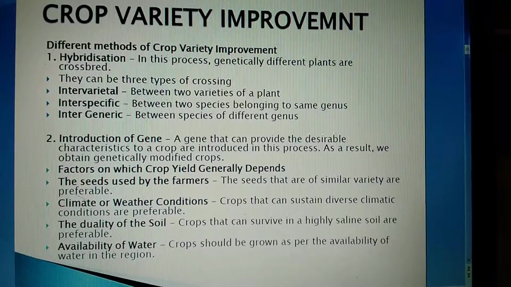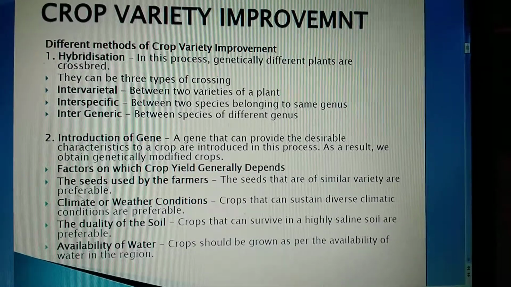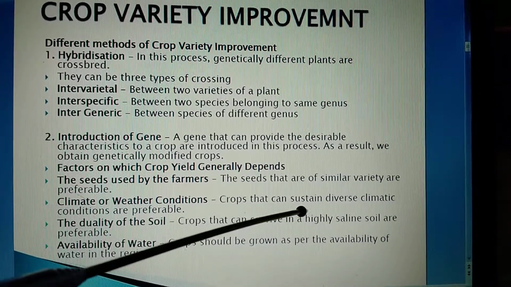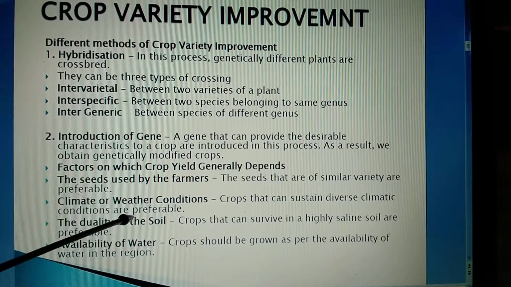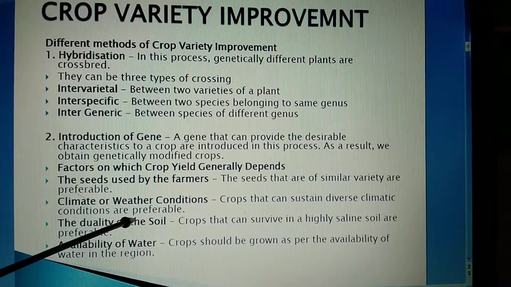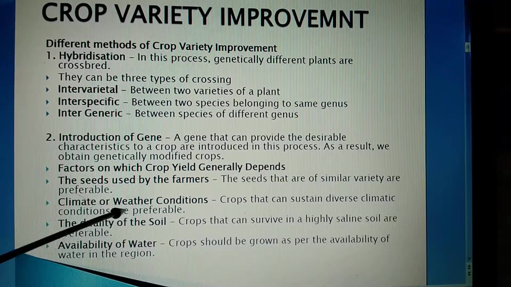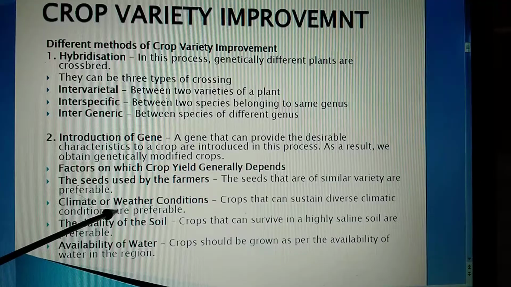If a crop is being improved, it should be able to sustain diverse climatic conditions. If there are no preferable conditions for the crop, then the crop will not be able to survive in that climate. So sowing those seeds in proper climatic conditions is very important.